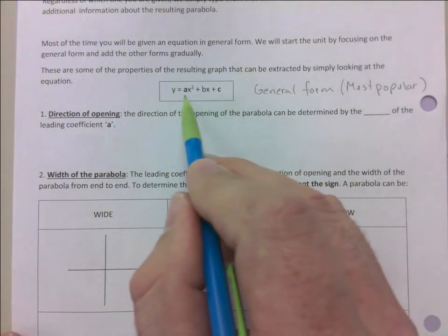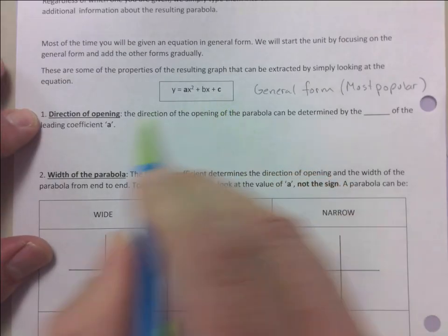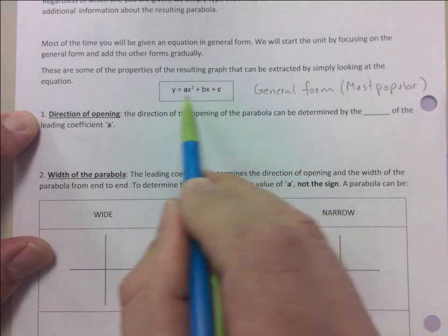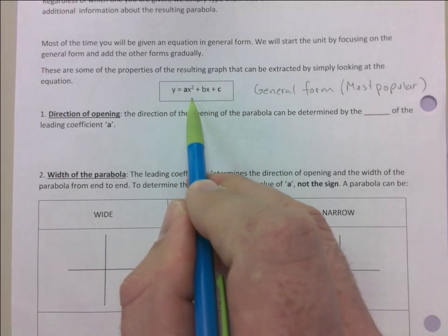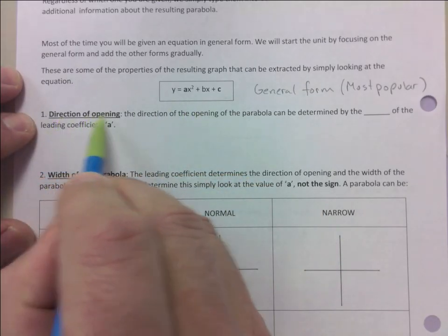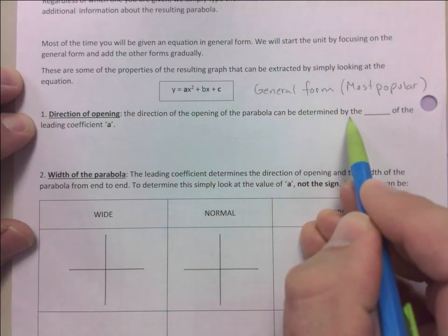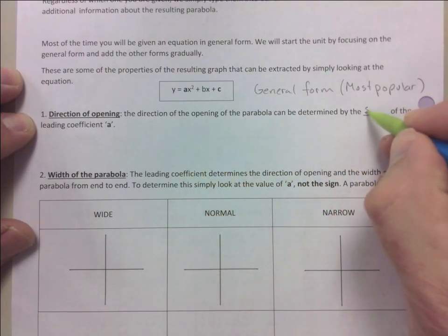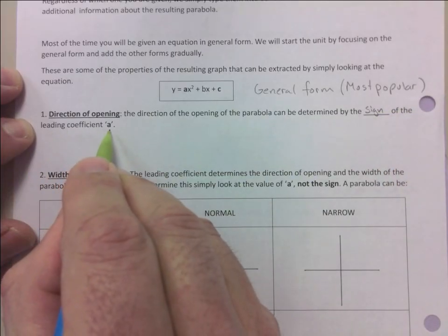So they will look like this for the most part. Okay? Now, when you look at this, you can actually predict a lot of things. Okay? For example, the direction of opening. The direction of the opening of the parabola can be determined by the sign of the leading coefficient A.